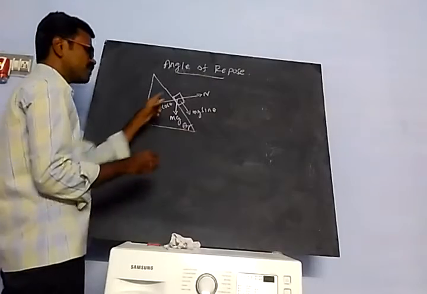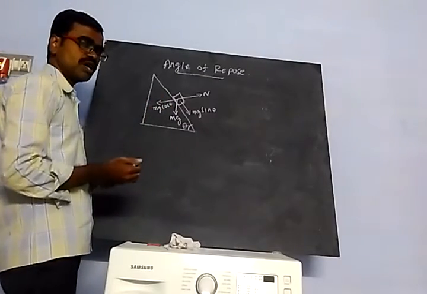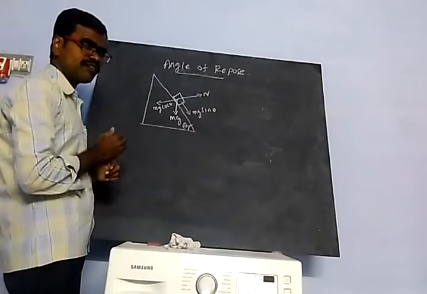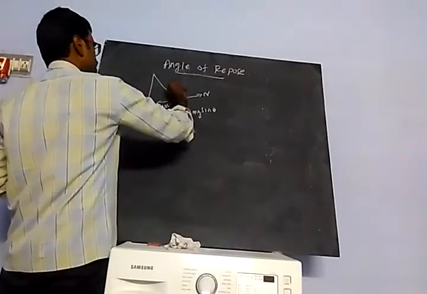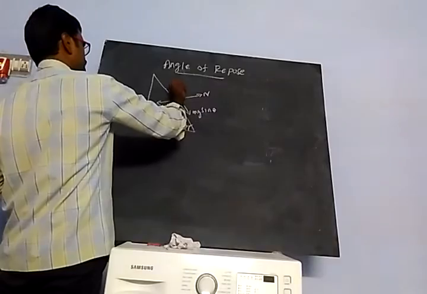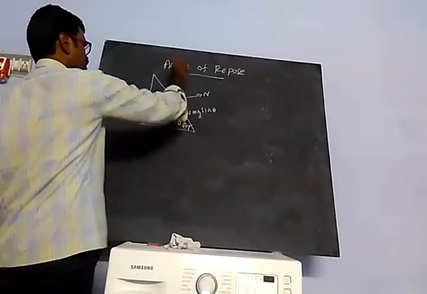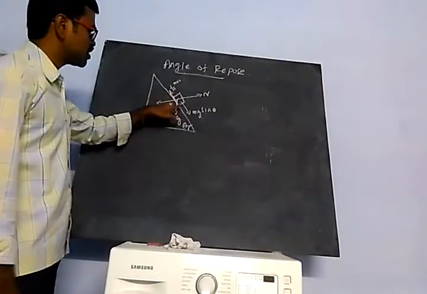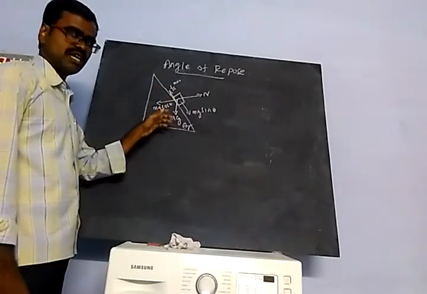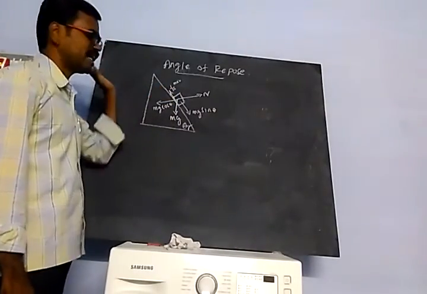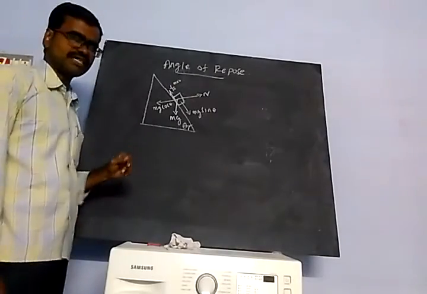If the object is about to move, an opposing force is created. That opposing force is called static friction, Fs maximum. It opposes the direction of motion.